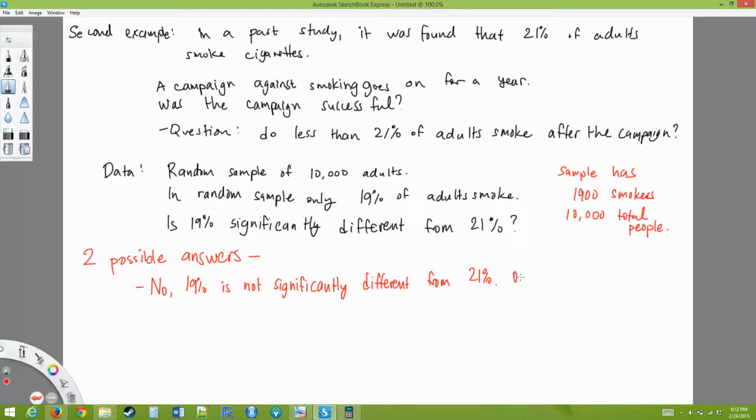Our sample has only 19% smokers, but that difference is a result of the random sampling process.